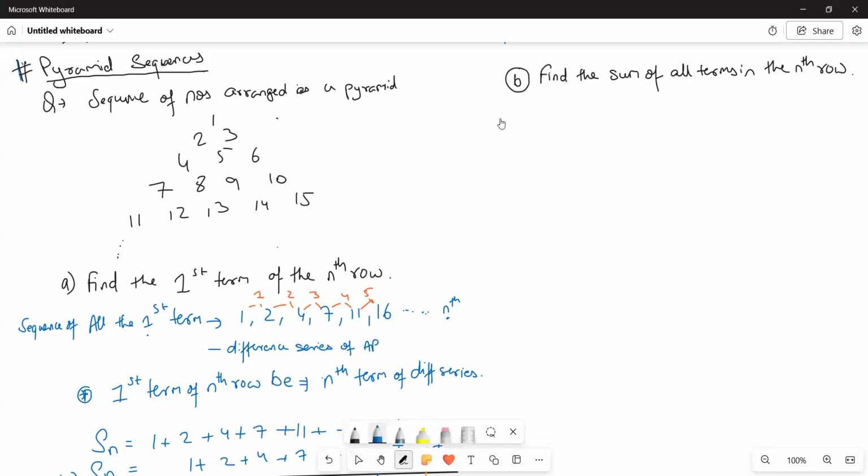So if we talk about the nth row, what would be the nature of the sequence of terms? The numbers in the nth row would be in AP. देखो ये clear है क्या?